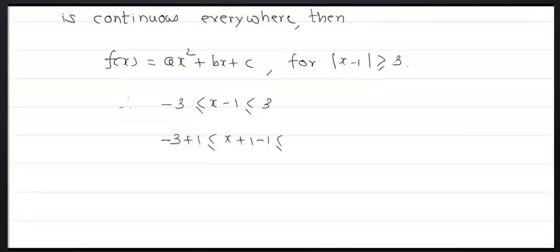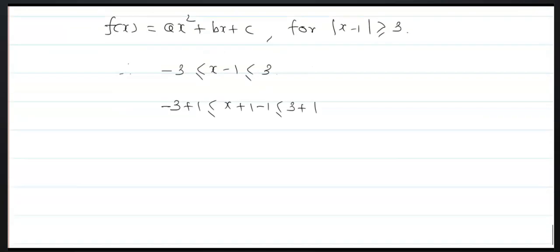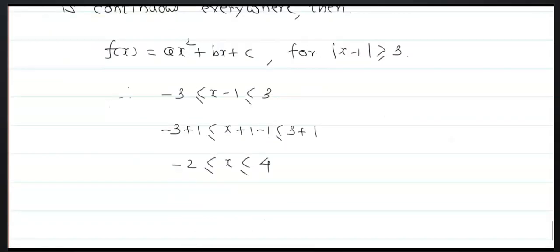If you add 1 in these inequalities, then you will get minus 3 plus 1, x minus 1 plus 1, and 3 plus 1, that is minus 2, x, and 4.